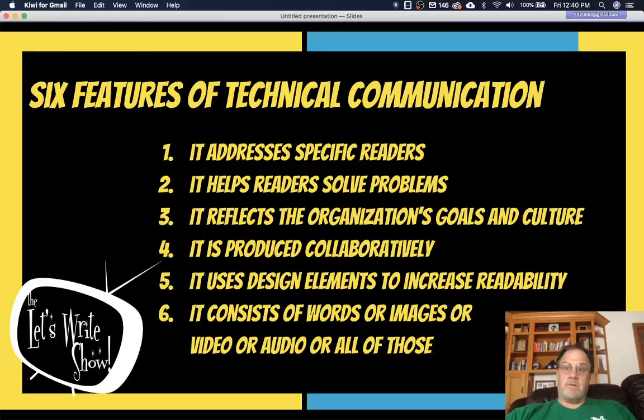So maybe an oil refinery wants to make as much gas as possible, make as much money as possible, and following the Environmental Protection Agency and protecting the environment costs a lot of money. So are your documents going to reflect that you want to make money?